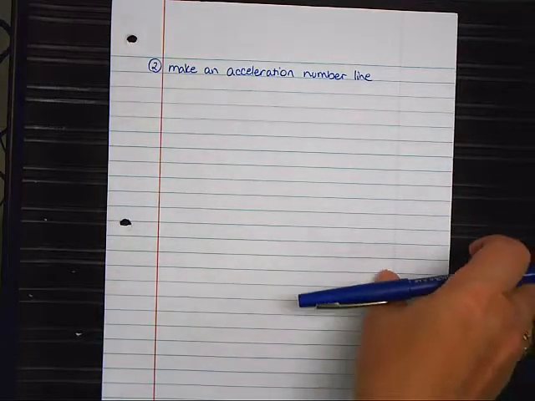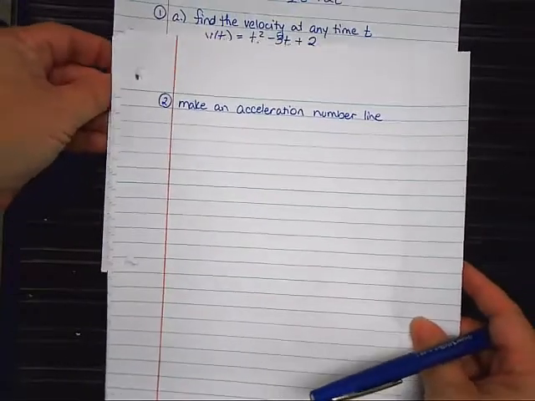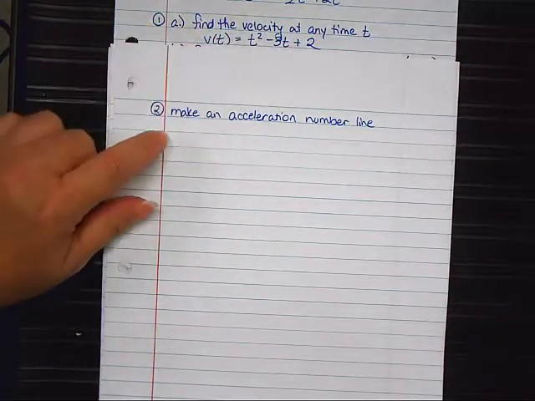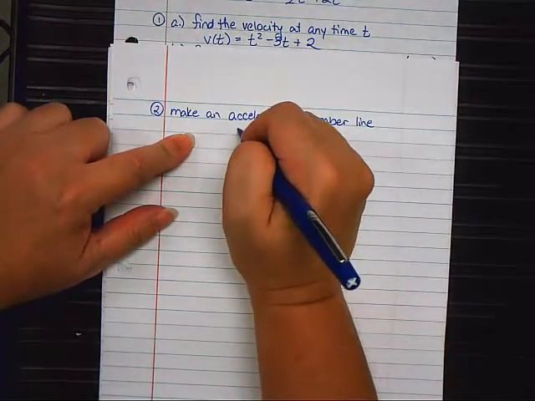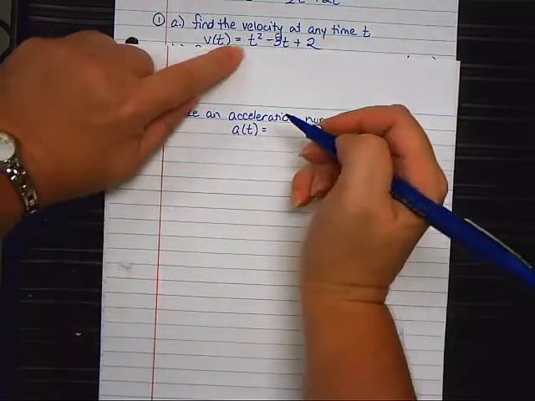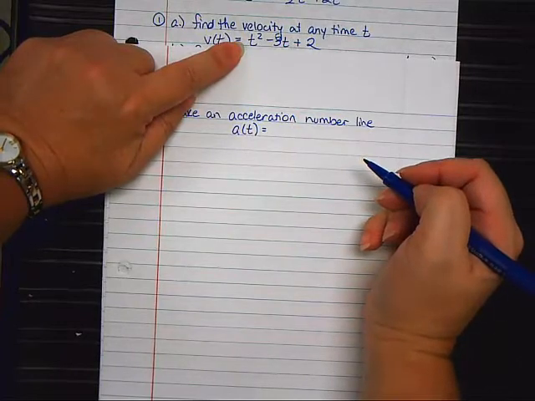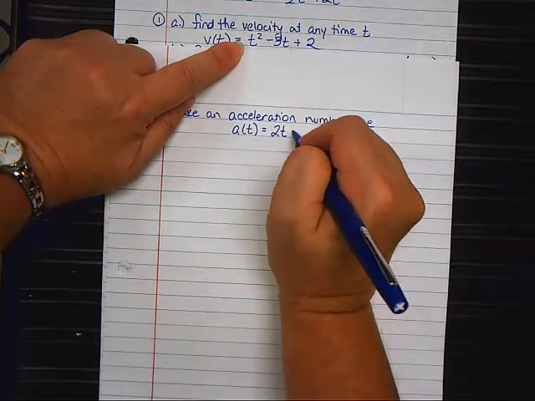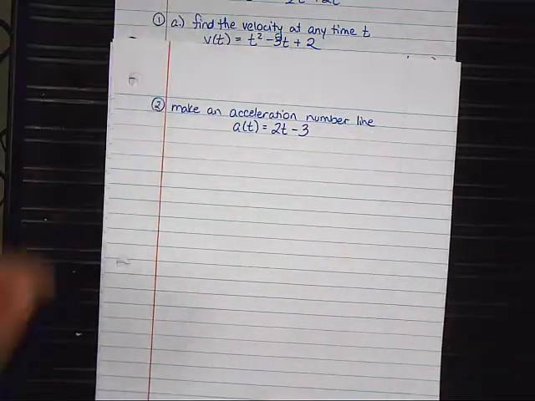The velocity. The derivative of the velocity. So let me pull the velocity and put it back up here so you can see it. Here's the velocity. Okay? I need to take the acceleration. So I'm going to take the derivative of the velocity. And what will that be? 2t minus 3. Well, that was easy.